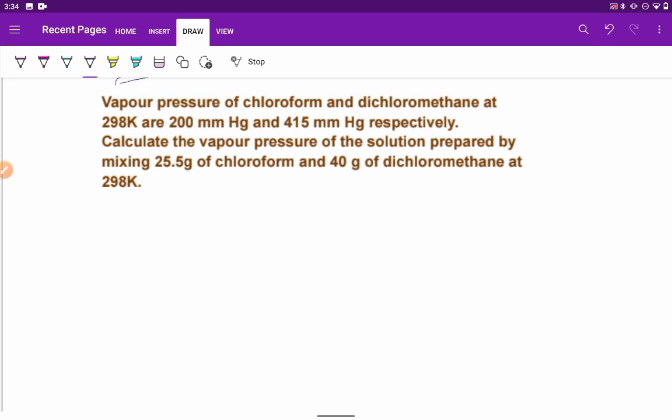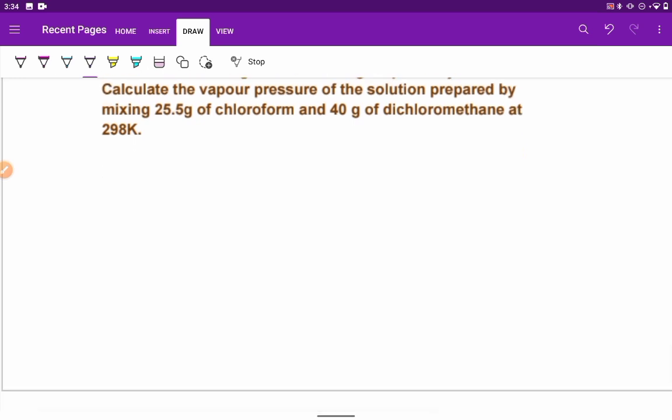So first of all, we have to find the moles. To find the moles of each component, we need to find molar mass. First, molar mass of dichloromethane, CH2Cl2.